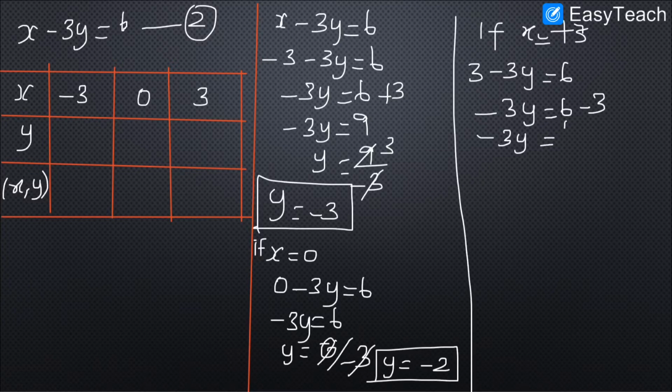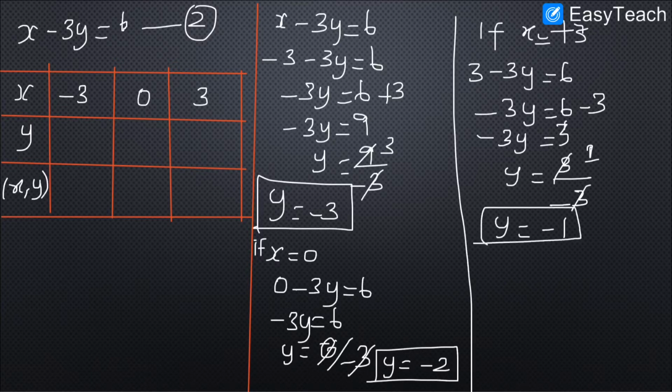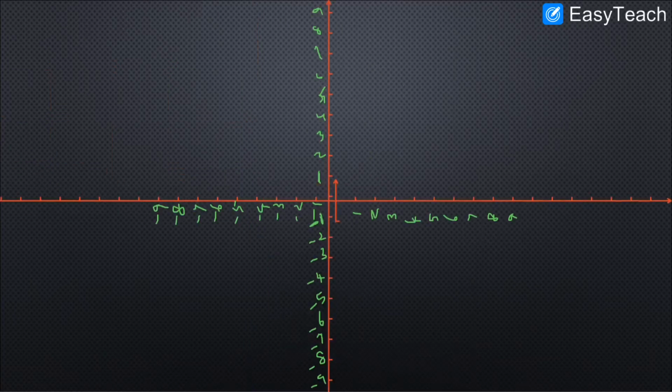Minus 3y equals 6 minus 3, so minus 3y equals 3, and y equals 3 by minus 3. y equals minus 1. Let's write the corresponding values minus 3, minus 2, minus 1, and the vertices are minus 3 comma minus 3, 0 comma minus 2, 3 comma minus 1.